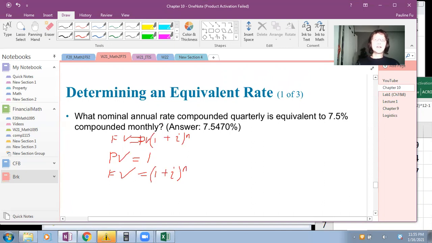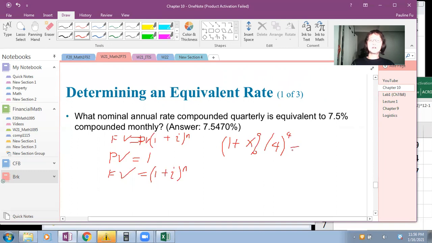Okay. Now, under this situation, what nominal rate compounded quarterly? So suppose it is X%. Compounded quarterly means divided by 4. And we have 1 plus, and then raised to power n. Suppose this is in 1 year, so compounded quarterly, so raised to power 4.